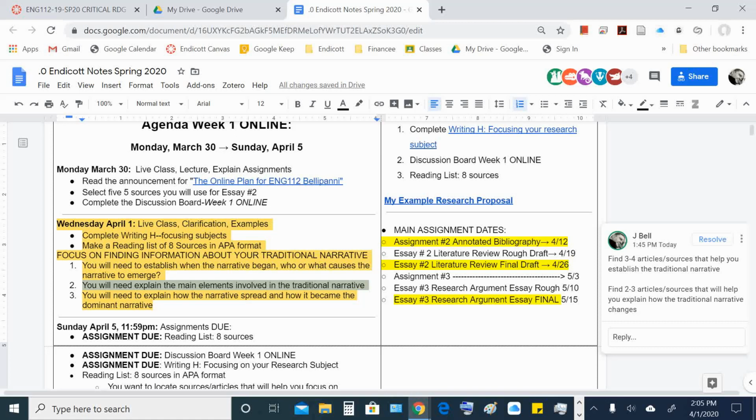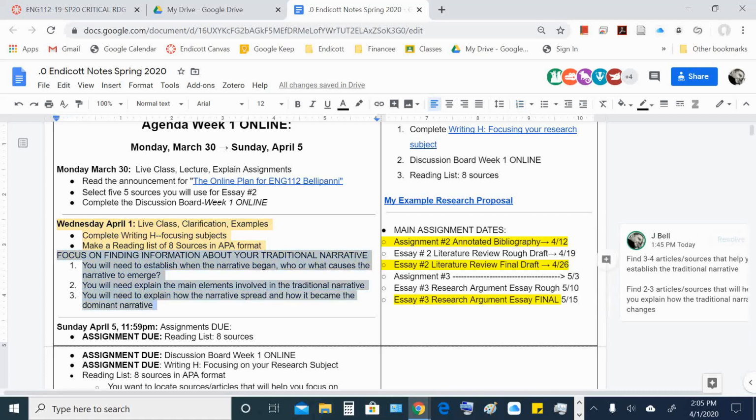And then you will need to explain how the narrative spread and became dominant. What helped this particular narrative of yours become common and become understood and accepted, and everybody's like, yep, that's the way it's going to be. This is actually the focus of the literature review.